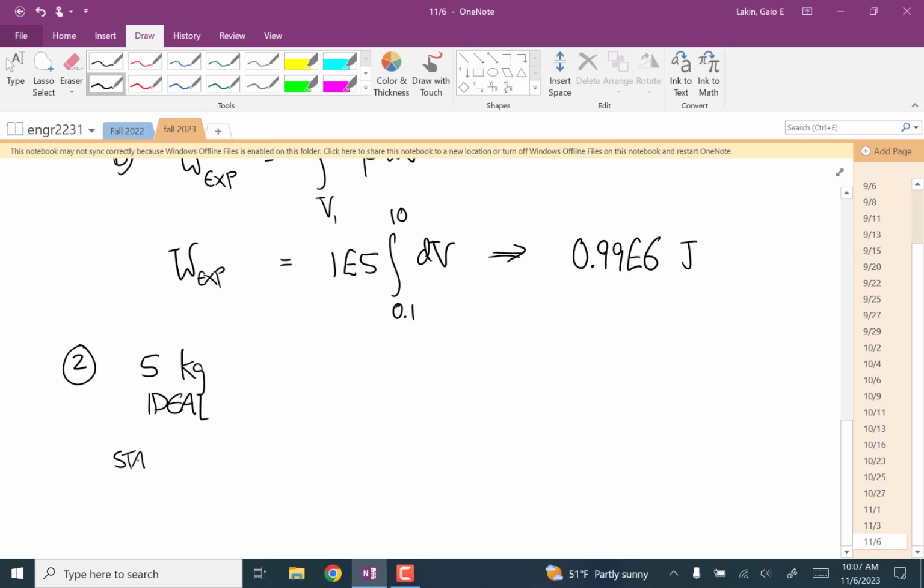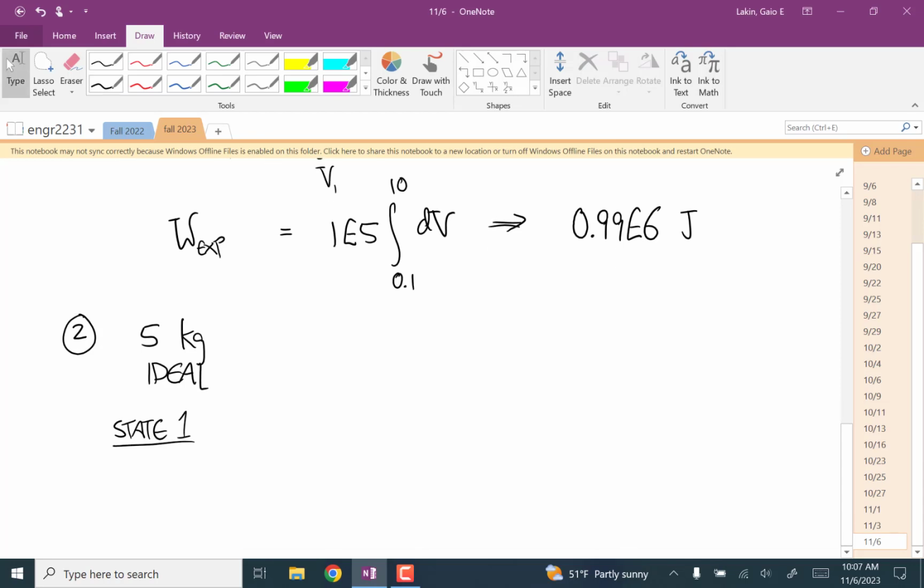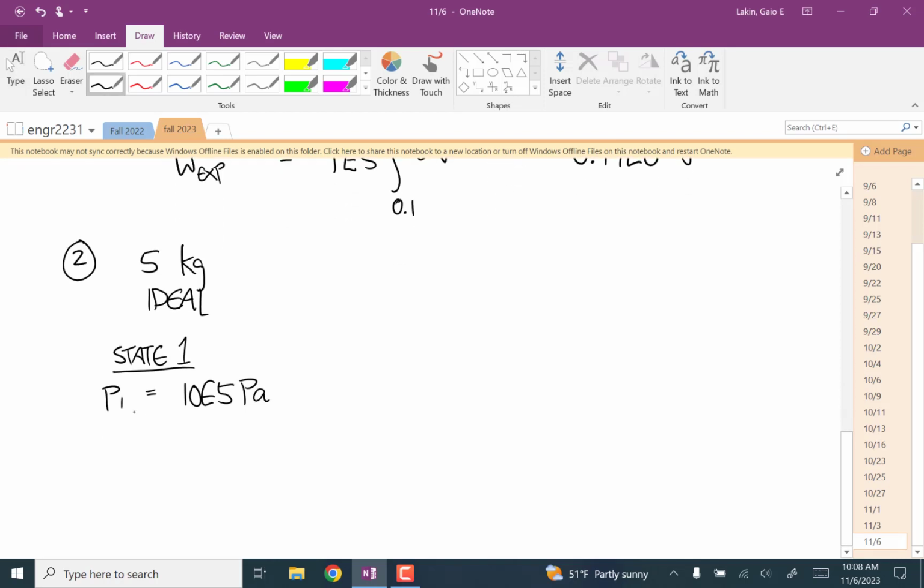At state 1, you have a pressure of 10 bar. And a temperature of 370 Kelvin.